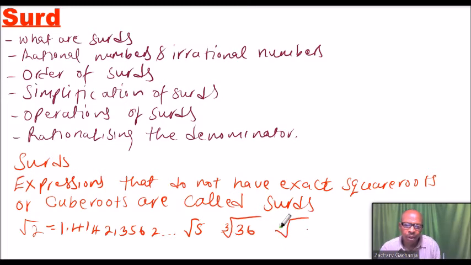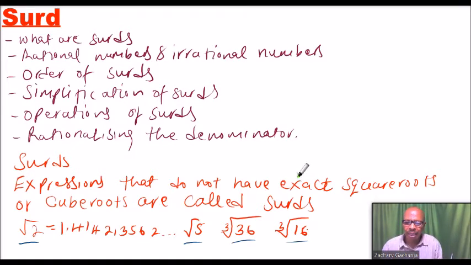The square root of 16 is 4, that has an exact square root, but when you get the cube root of 16, it doesn't have an exact cube root. So all these are referred to as Surds, and we have very many, as we are going to see in this topic.